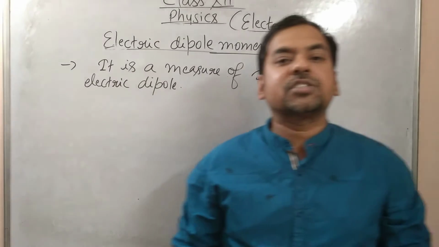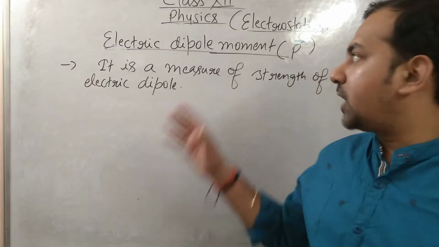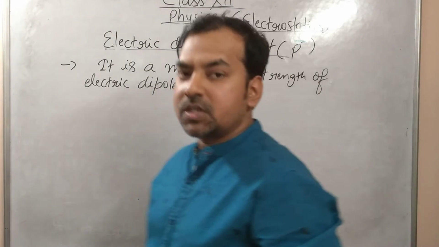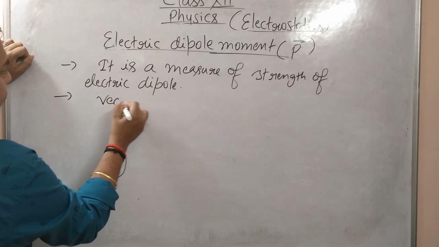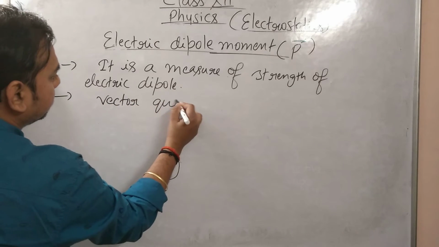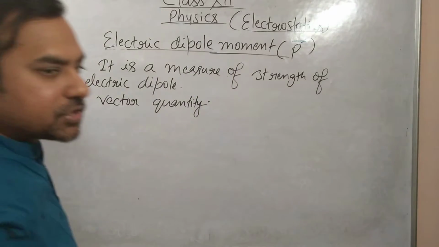Whenever we have to measure the strength of an electric dipole, we need to find the electric dipole moment. Yes, it is a vector quantity because it has magnitude as well as direction.